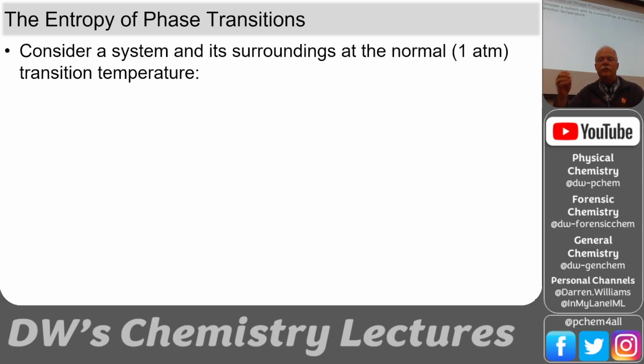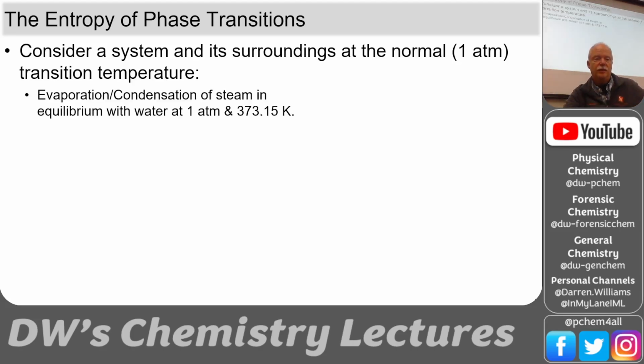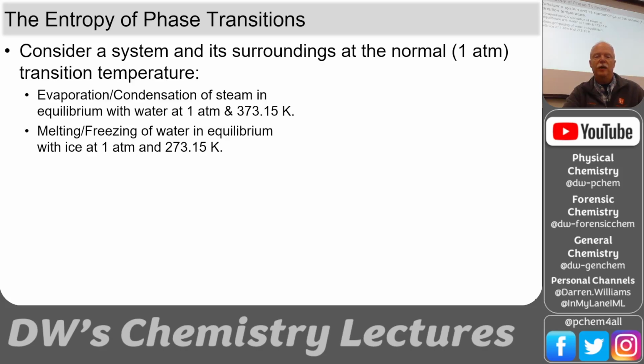So consider a system and its surroundings at the normal 1 atmosphere transition temperature. At 373 Kelvin, that's the boiling point of water, we have evaporation and condensation of steam. And then we also have the melting and freezing of water, in equilibrium with ice at 273 Kelvin. And so this is at equilibrium, so delta G of melting is 0.